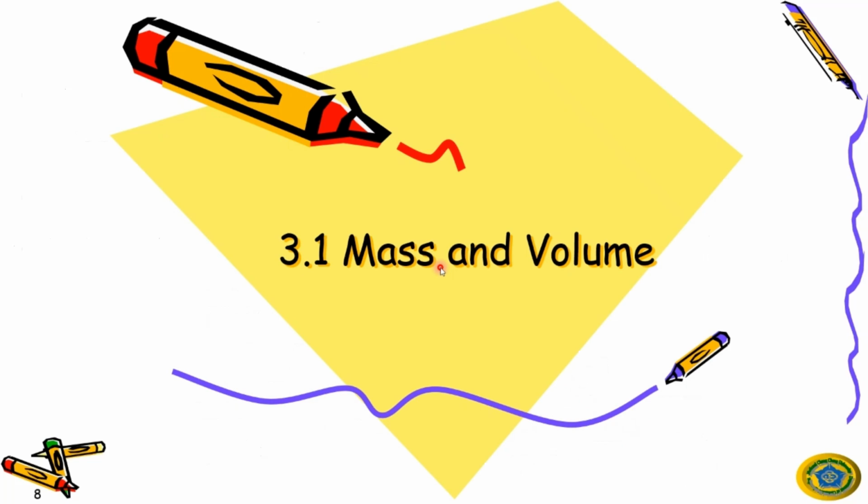Right. So this is section 3.1. This chapter, chapter 3, mainly wants to tell you very basic knowledge, even things you learned in junior high school or high school. Of course, like section 3.1, mass and volume. I'm sure you know this already.